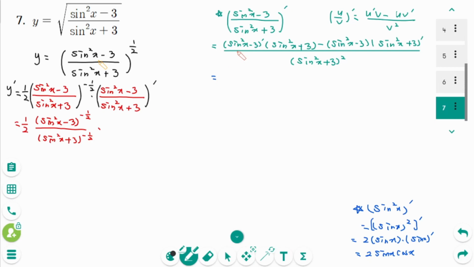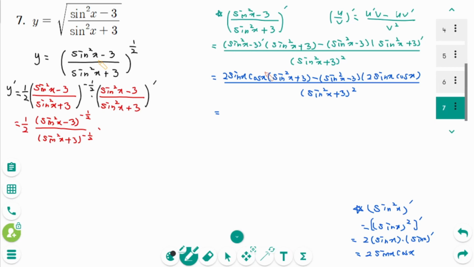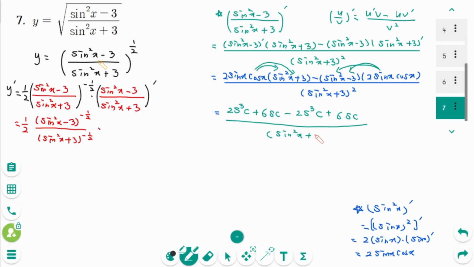Then back to here, sine squared x minus 3 prime equals 2 sine x cosine x times sine squared x plus 3 minus sine squared x minus 3 times sine squared x plus 3 prime equals 2 sine x cosine x over sine squared x plus 3 squared equals, expand, 2 sine cubed cosine plus 6 sine cosine minus the first one, 2 sine cubed cosine, then plus 6 sine cosine over sine squared x plus 3 squared.